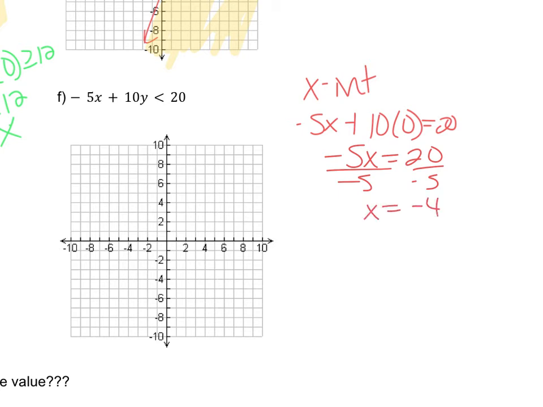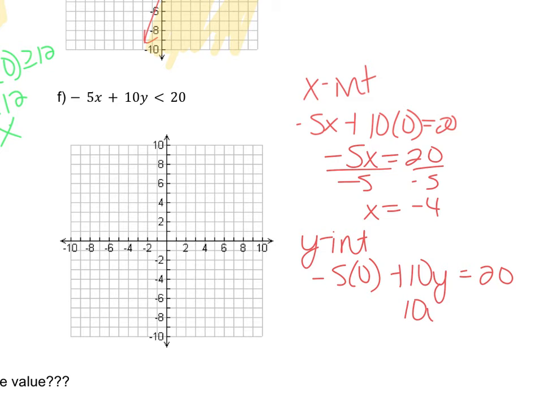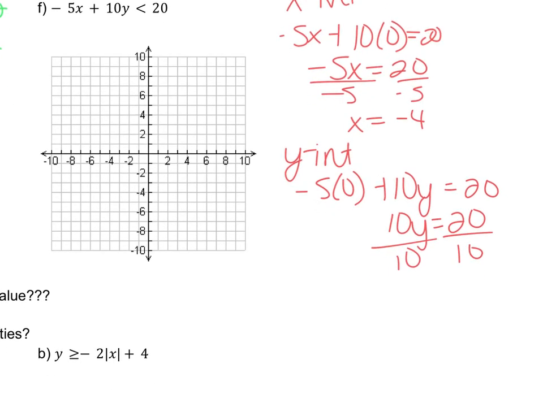X is negative 4. Your y-intercept is negative 5 times 0 plus 10y equals 20. 10y equals 20, divide by 10, so y equals 2. Okay, so y equals 2, x equals negative 4.